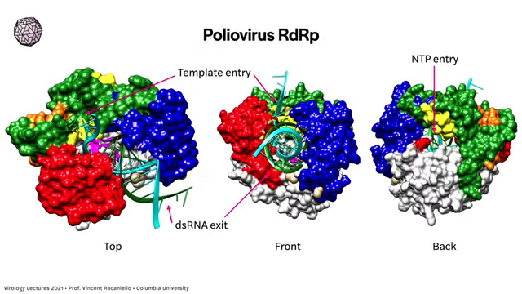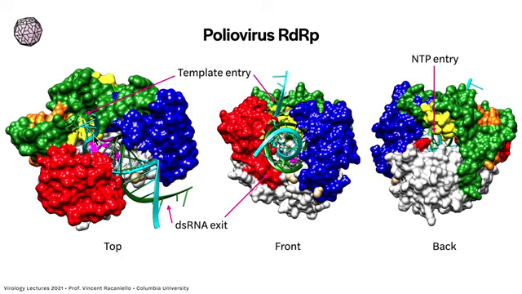Here's another view of the poliovirus polymerase to give you an idea of the topology of this reaction. Here the atoms are shown as spheres, so we call this a space-filling view. And here we're looking down from the top of the polymerase. There is an RNA coming in and being polymerized in this picture. So the RNA comes in the top of the polymerase here.